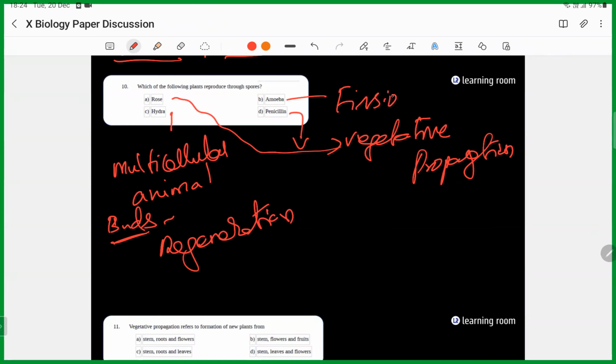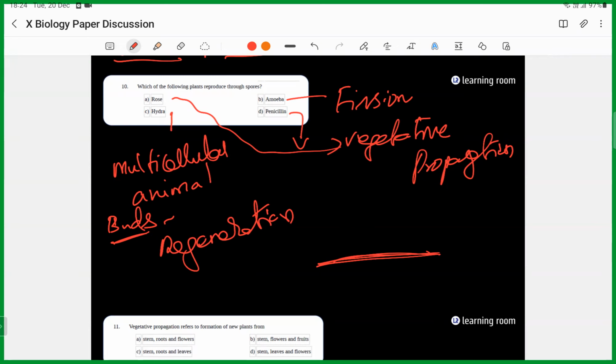Okay, so penicillium. The organism name is Penicillium notatum, not penicillin.